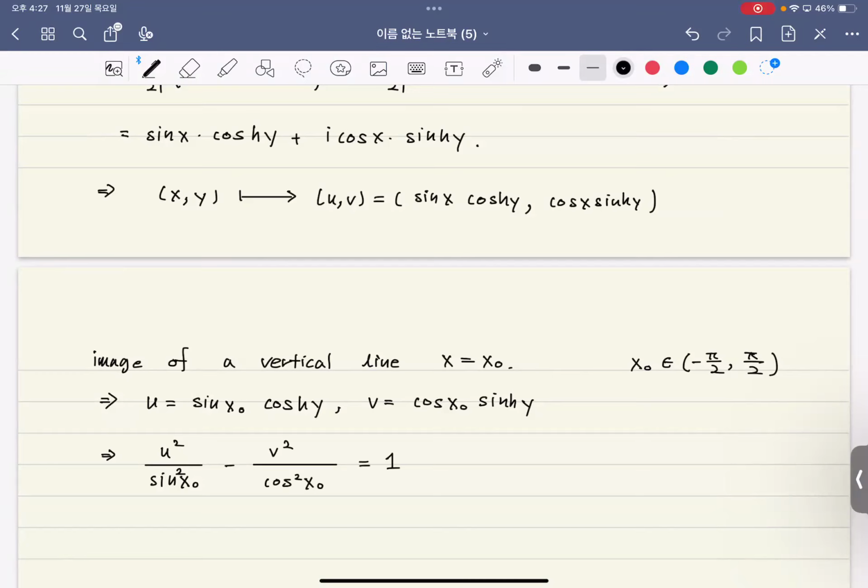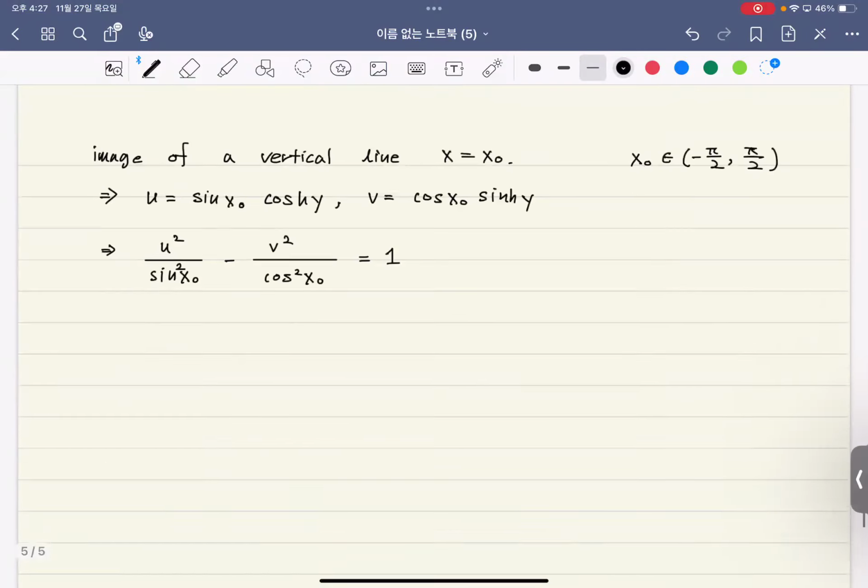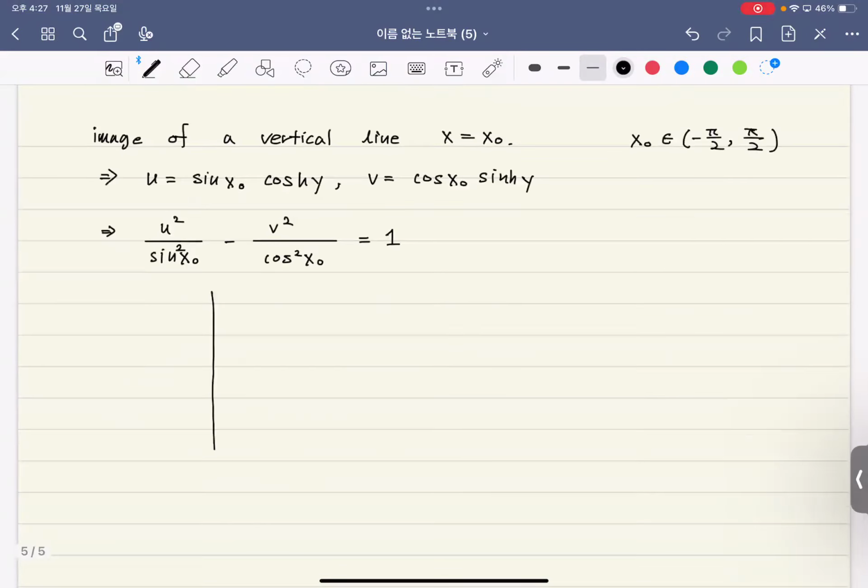Okay. Can you recognize this quadratic polynomial? Well, this quadratic polynomial actually represents a hyperbola in the uv plane, right? Which looks like this.